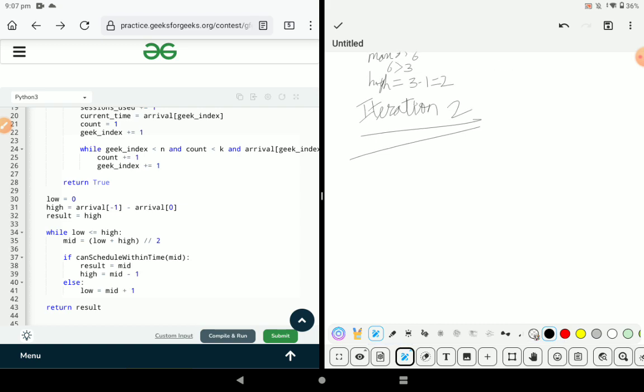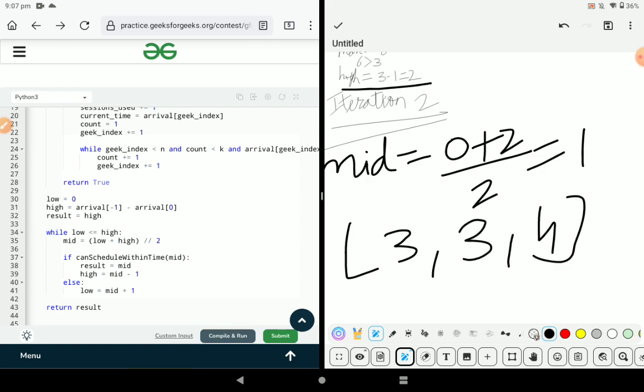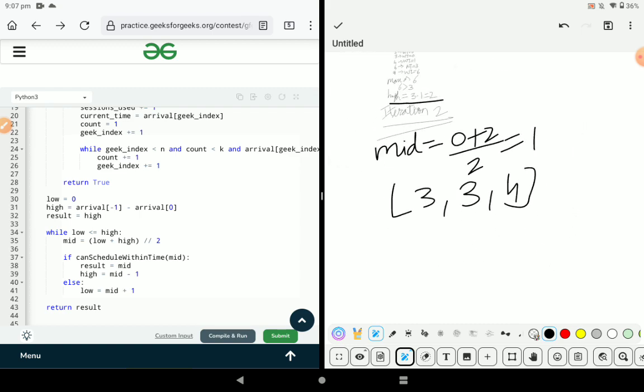Our mid is going to be 0 plus 2, as our high is 2, so 0 plus 2 by 2, which is 1. We will check for the geeks which can be scheduled with waiting time mid equal to 1. So our geek schedule will be 3, 3, 4.